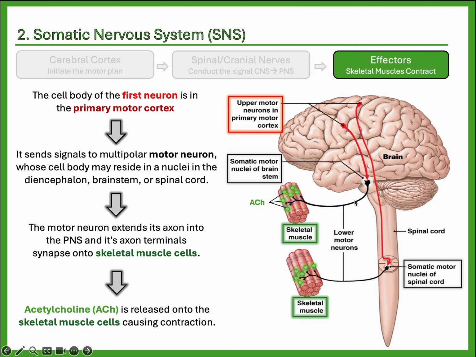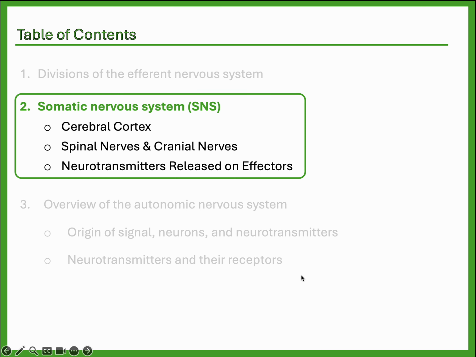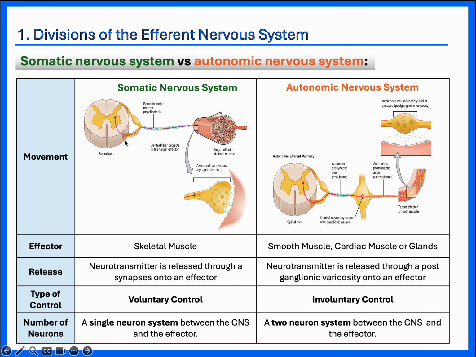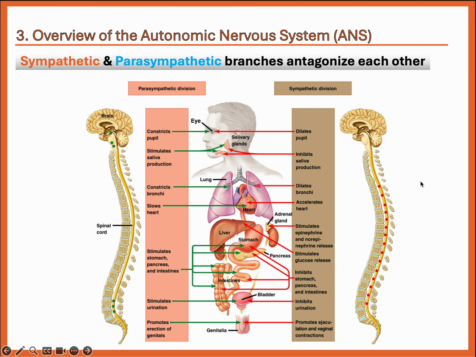Here you only had this 1 neuron that was exiting the brainstem, or 1 neuron exiting the spinal cord, right? I want to go here though. Here, the somatic, you saw from the spinal cord, 1 neuron exit. Here you see 2. You see 1 neuron exit, synapse in the ganglia, and another neuron exiting, synapsing onto the effector. So let's go back.